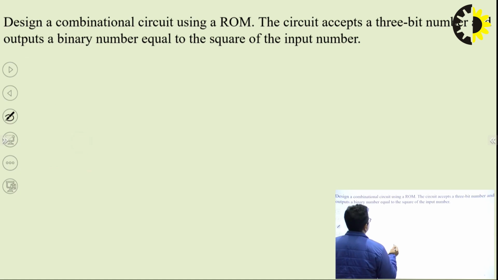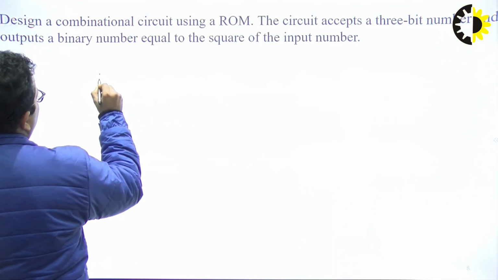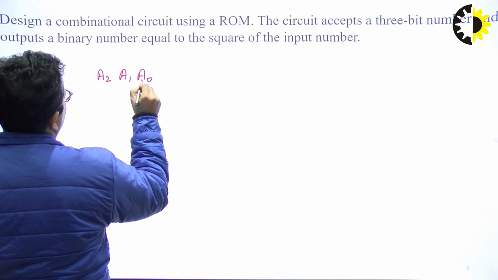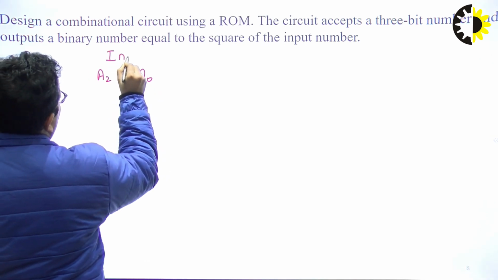So we will write that 3-bit inputs. The 3-bit inputs are A2, A1, A0. We are just writing the truth table.